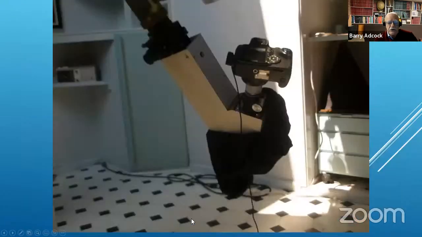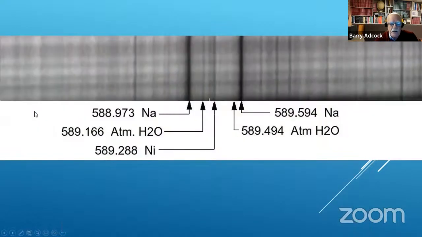Just looking into the future, I have put together a spectroscope, but unfortunately I haven't persevered with it for quite some time. It has that sort of resolution when you're pointing at the sun, although I know it can do better than that. They're the two double sodium lines that are in the spectrum of visible light.